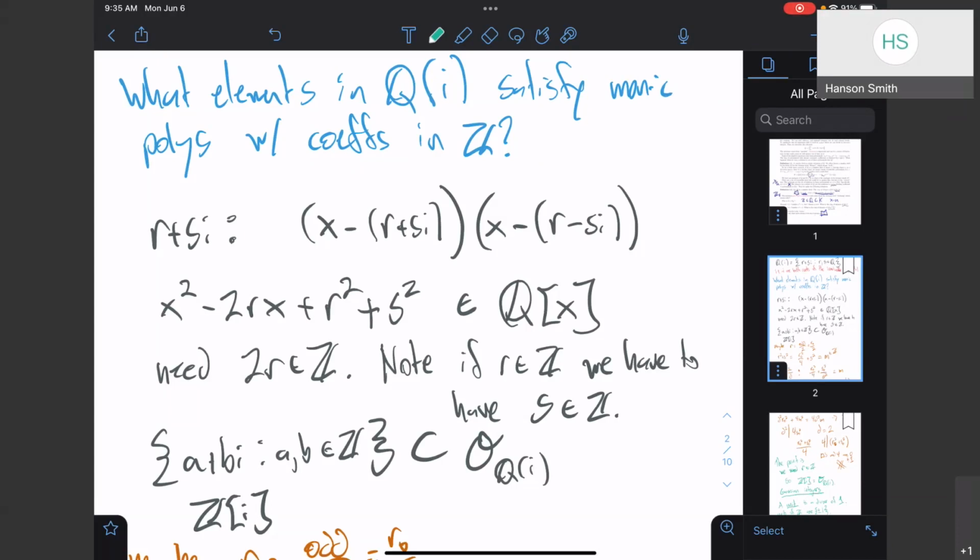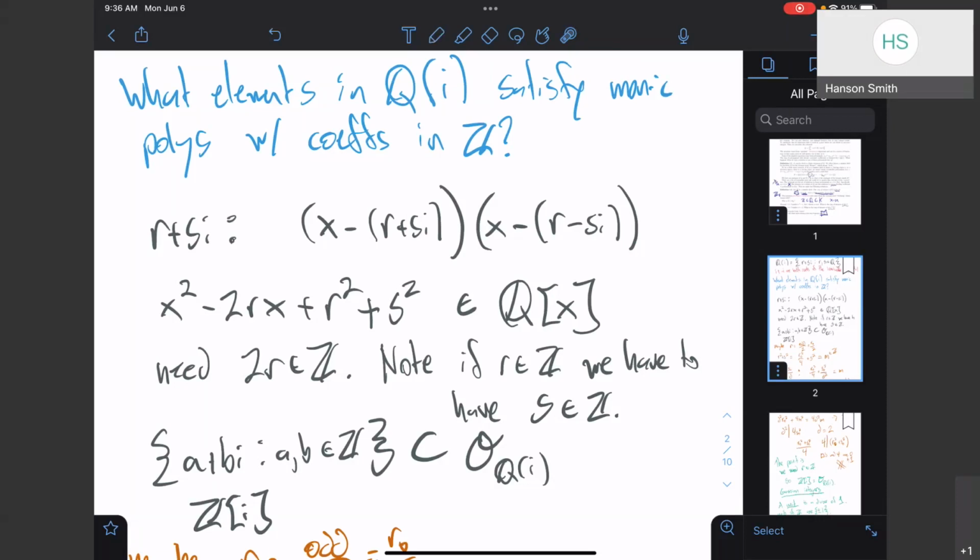When you do this, you're either going to get the smallest possible monic polynomial that your element of the number field satisfies, or you'll get some power of it.